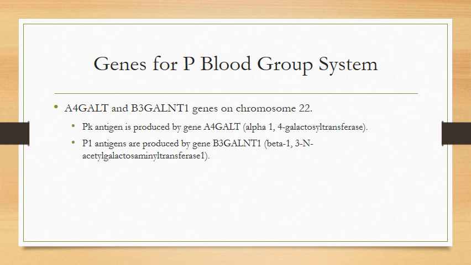So the PK antigen is produced by gene A4GALT, and the P antigen is produced by gene B3GALNT1.